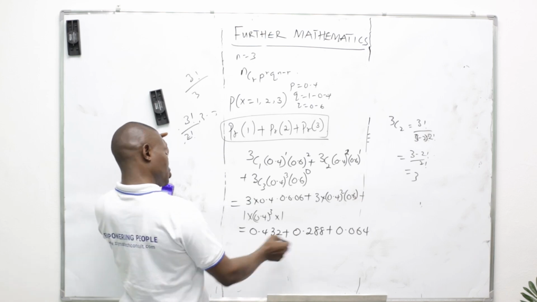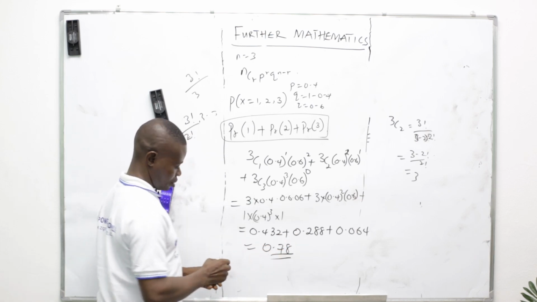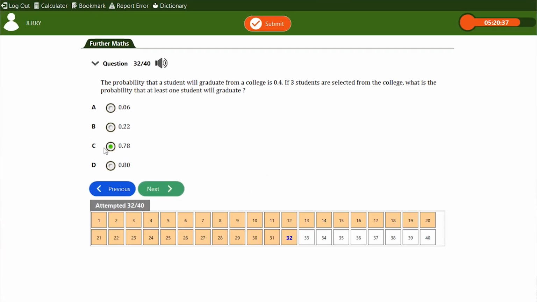So adding this together, it gives us 0.78. So the correct option is 0.78, option C.